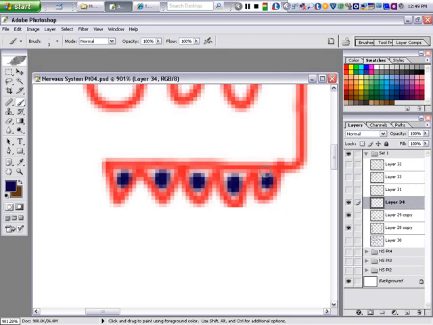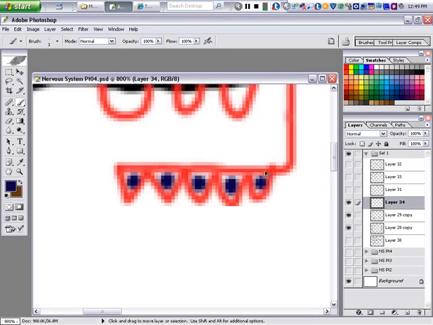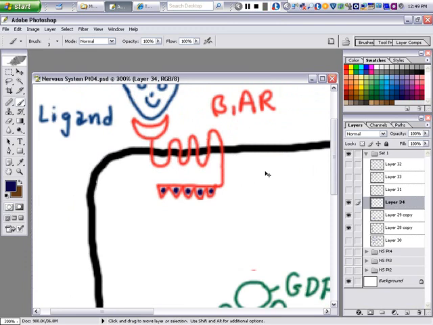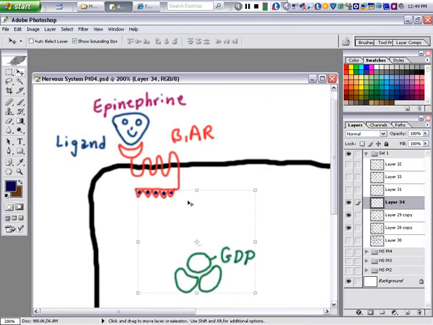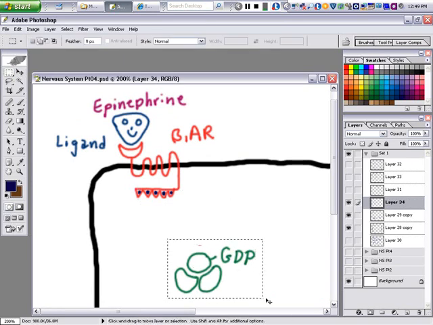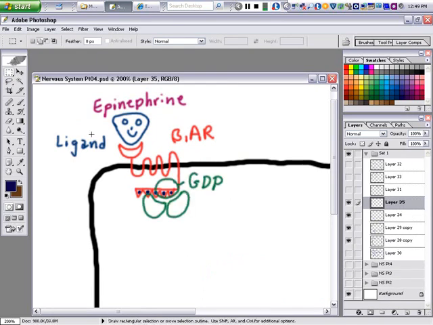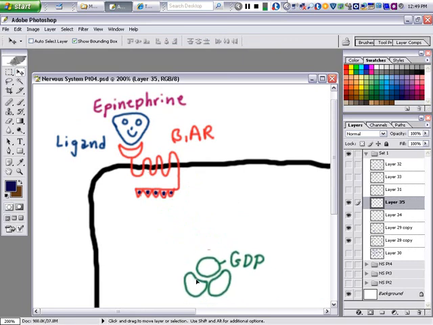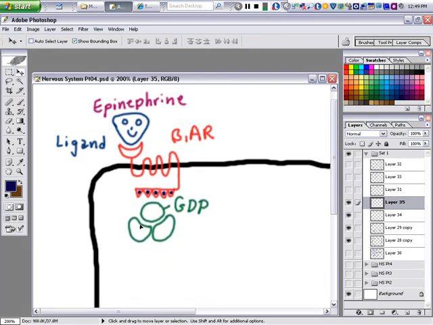There is something binding to me on the outside. And when that happens, this trimeric protein decides, what I'm going to do, when it binds, it's going to move. Now it's going to move here and bind to the receptor. It's going to couple itself with that receptor.